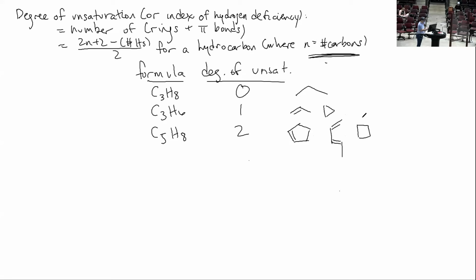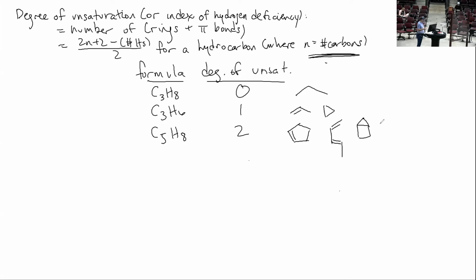It would look kind of like a house and be stupidly strained. I'm sure that compound's known and has been studied. All of that stuff was studied back in pretty much the 50s and 60s. But the point is, whatever the case, all of those should be C5H8, and you can verify that on your own.